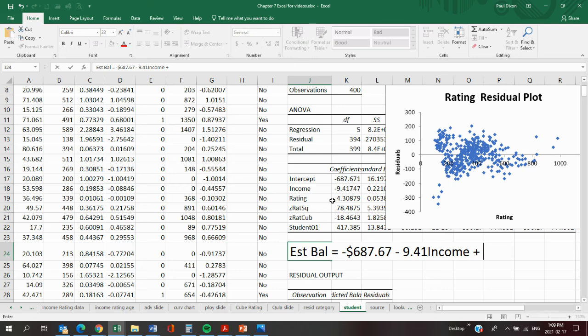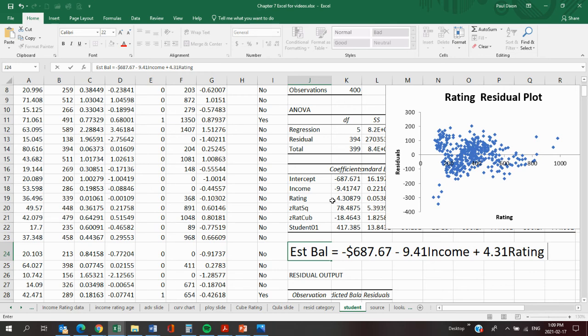I've got then 4.31 times rating. So if your credit rating is 10 points higher, your balance is $43 higher. If it's 100 points higher, then it's $431 higher.